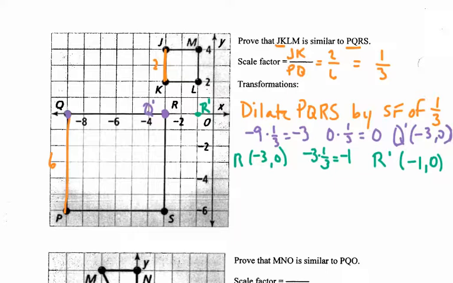All right, let's go to S. So S has the coordinates -3, -6. So I'm going to multiply each of those by 1/3. That's -1. And that's -2. So the coordinates of S prime are -1, -2.